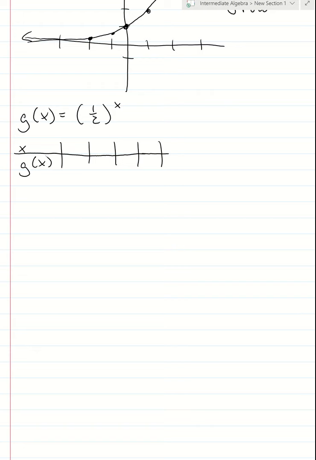And we always use the same 5 values, -2, -1, 0, 1, and 2. And because, once again, we know the domain is going to be all real numbers, that's why we could pick those values of x. And if you were to take that base 1/2 and raise it to these different powers, let's see what we would get.